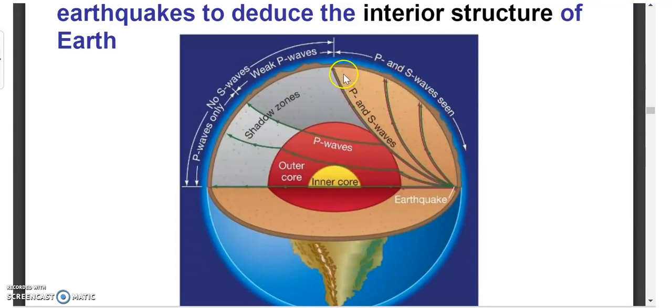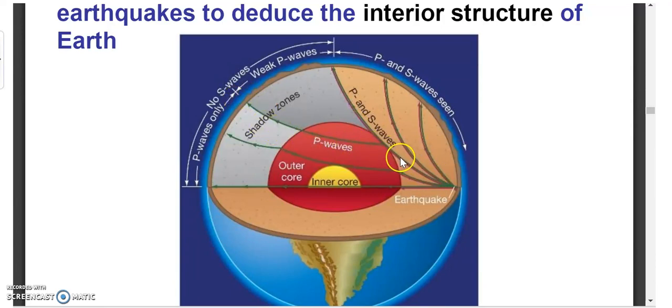So we know that the S wave and the P wave right at this location came from this particular earthquake. Basically, we put all of this into supercomputers and figure out where these S and P waves came from.